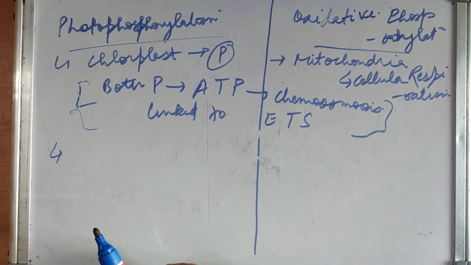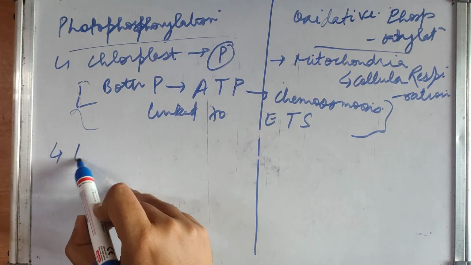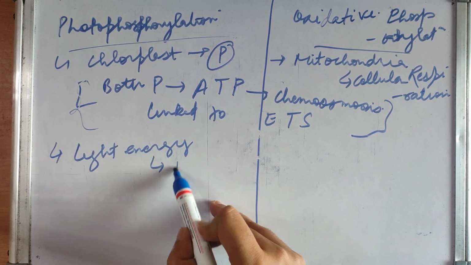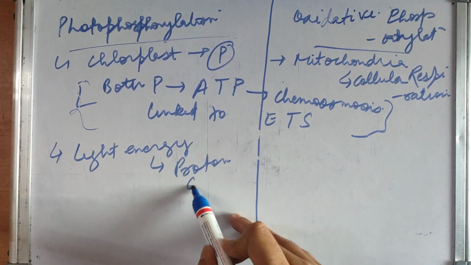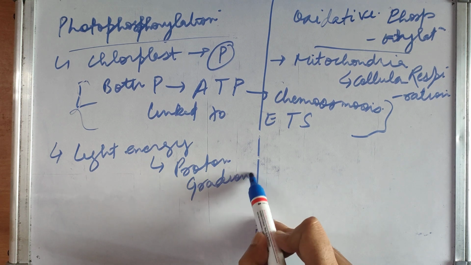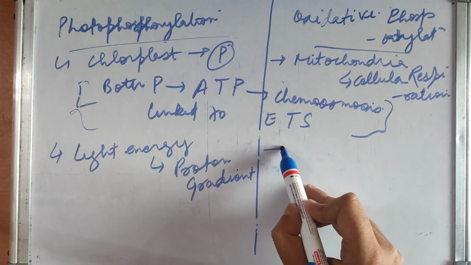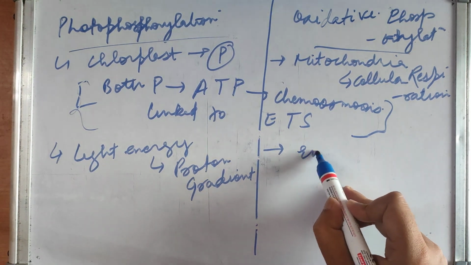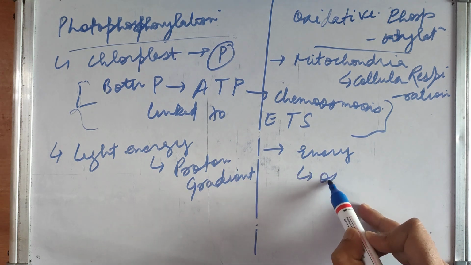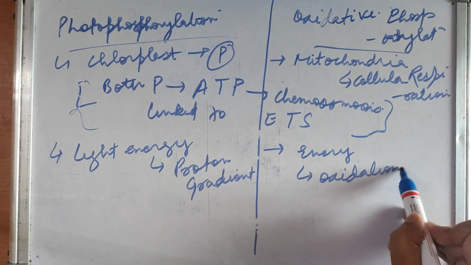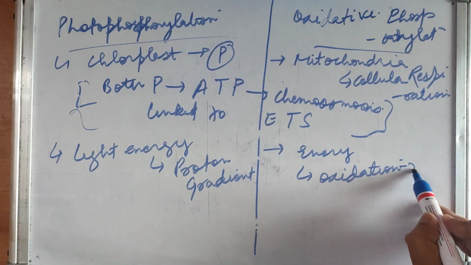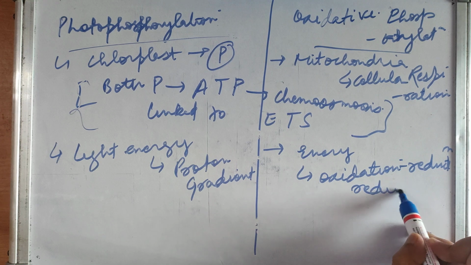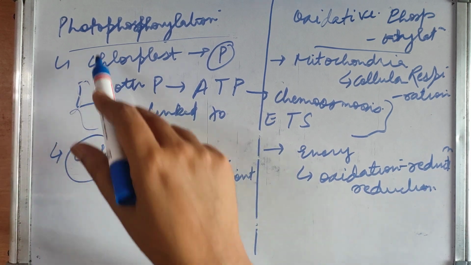Now secondly, in photophosphorylation light energy is required for production of the proton gradient. And in oxidative phosphorylation, energy is derived from oxidation reduction reactions. That's why the name oxidative phosphorylation. And here as light is used, that's the name photo. Photo means light.